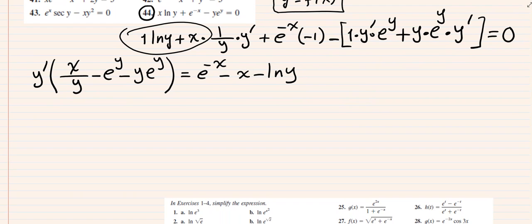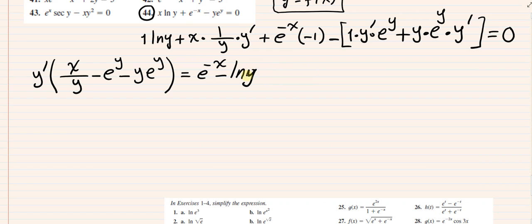I see, actually, hold on. It's right in here. My mistake was I grouped those together. Actually this is x over y, which was brought in front. So that means I don't have it on this side. So that's just negative natural log of y. That's what this turns out to be. Okay, that looks better now.